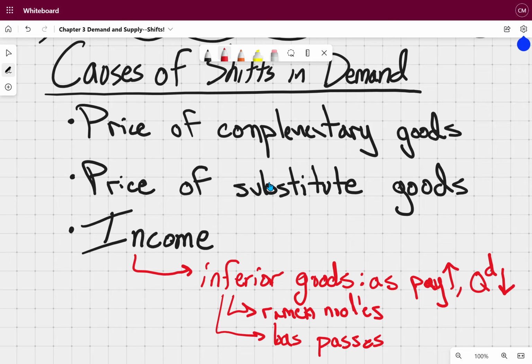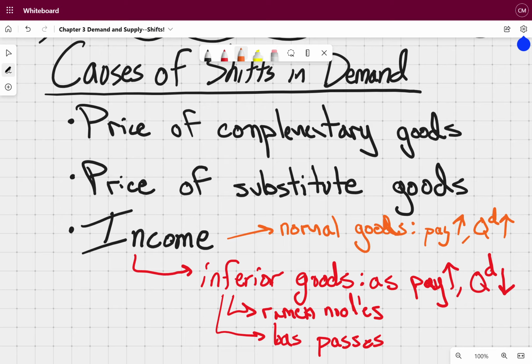The other type of goods is the type of goods that we are most used to purchasing, right? These are normal goods. So clothes, video games, any kind of consumer electronics, any kind of just kind of normal food, right? And this is as your income increases, the quantity demanded that you have for them increases. So those are just called normal goods.